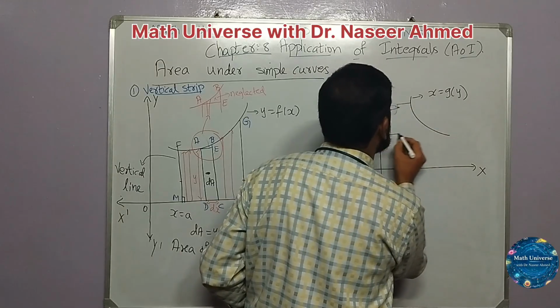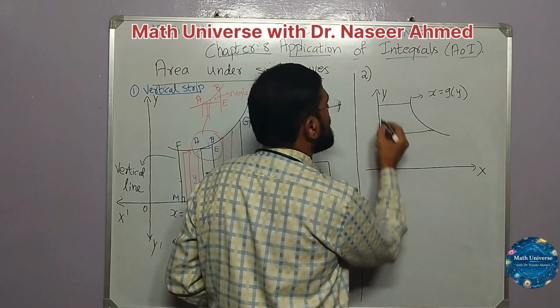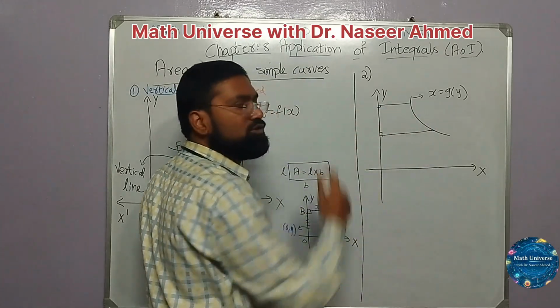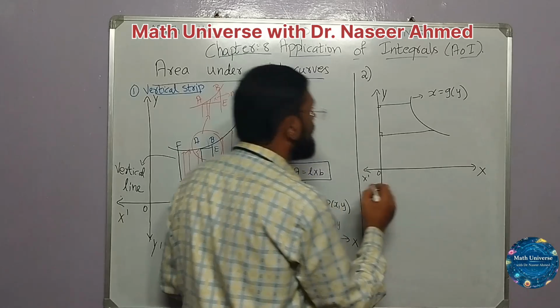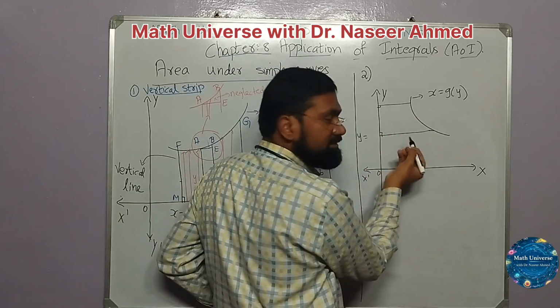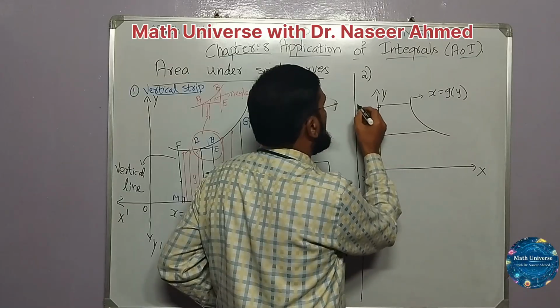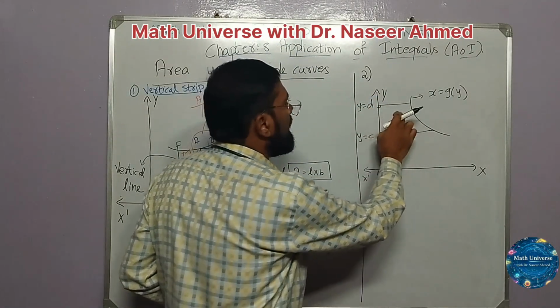What are horizontal lines? Any line perpendicular to the y-axis or parallel to the x-axis. The equation of this is given by y equal to some constant. Let us suppose the constant is c, and here it is some constant d, and there is an area again present.